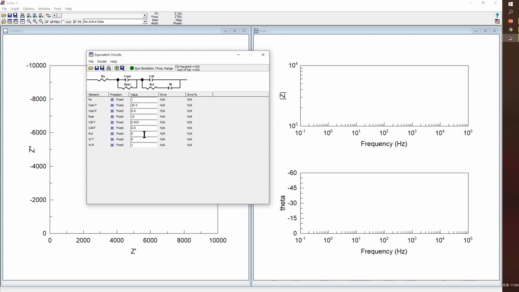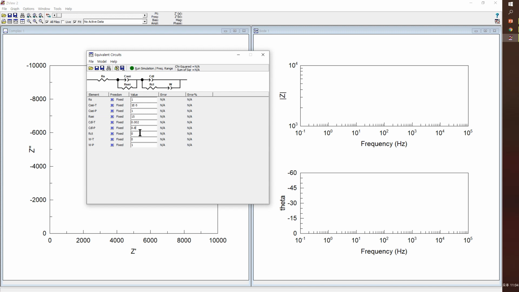Okay. Okay, let me change the P value about the first circle. Let me set here 1.0. I mean this CPE is the ideal capacitance. This one.